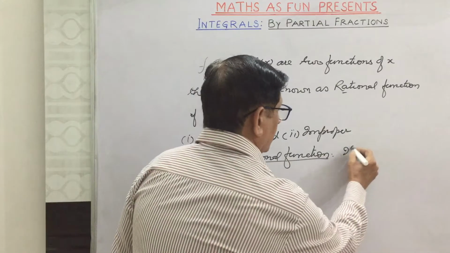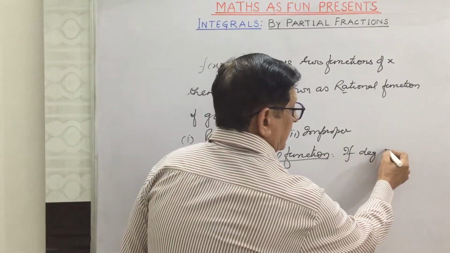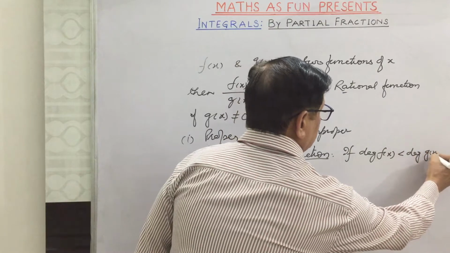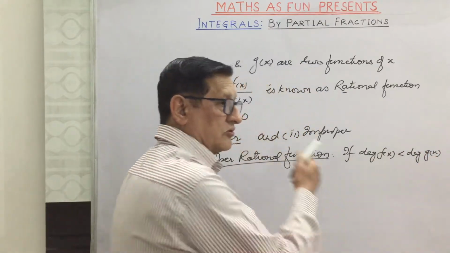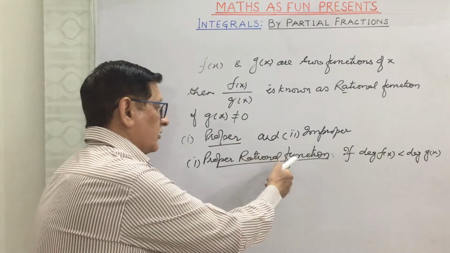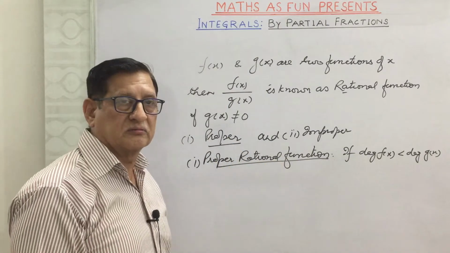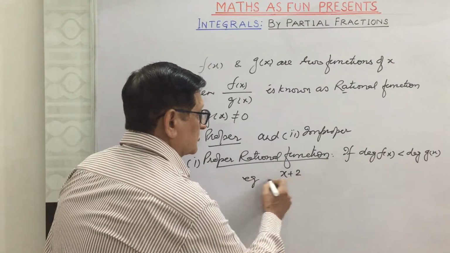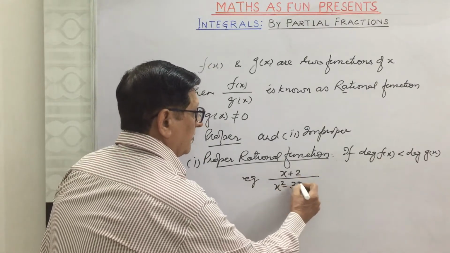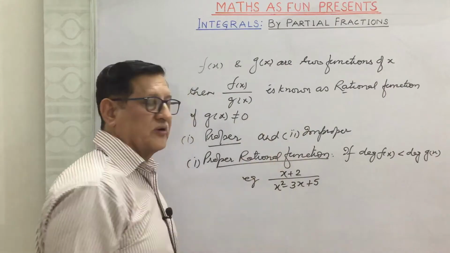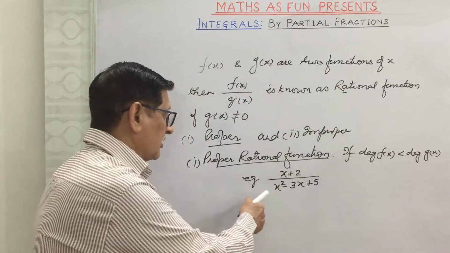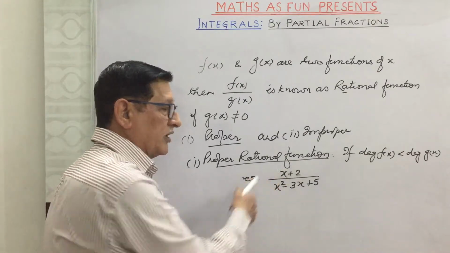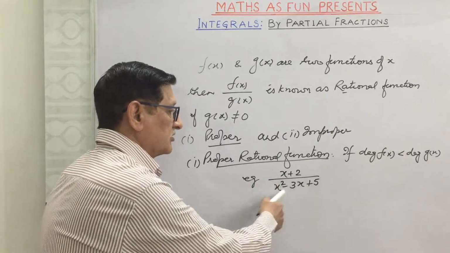If the degree of f(x) is less than the degree of g(x), then we say it is a proper rational function. For example, we have (x plus 2) upon (x square minus 3x plus 5). This is a proper rational function because degree of f(x) is 1 and degree of g(x) is 2.